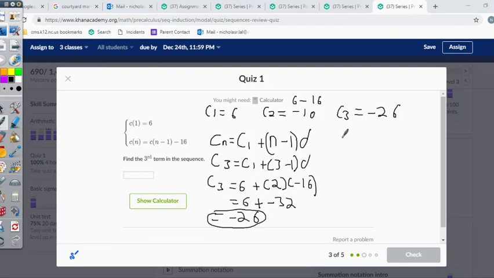Another method, and I'm doing this comprehensively, this is more than enough to answer the question: C_n is equal to a_1 minus d plus dn.